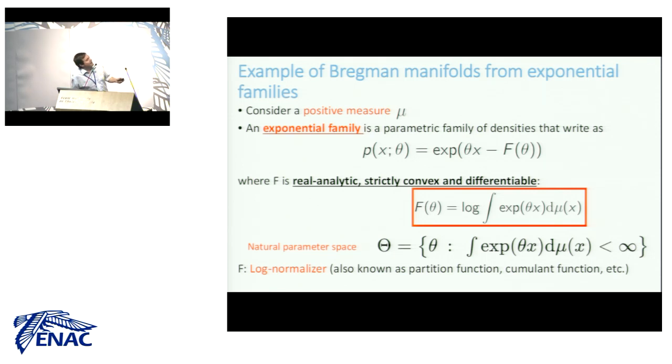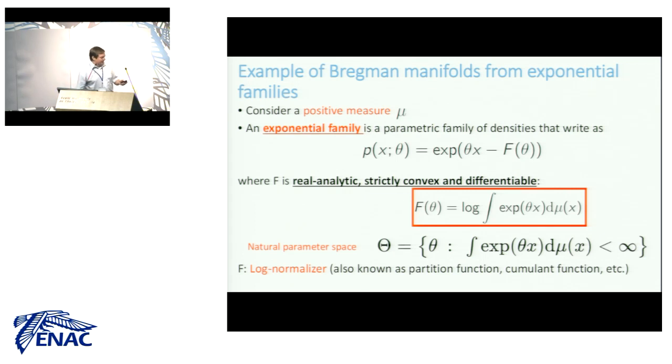The function F here is called the log normalizer, or the cumulant function, or the partition function in statistical physics, and it is defined as a log Laplace transform. You have the natural parameter space, where this Laplace transform is finite.